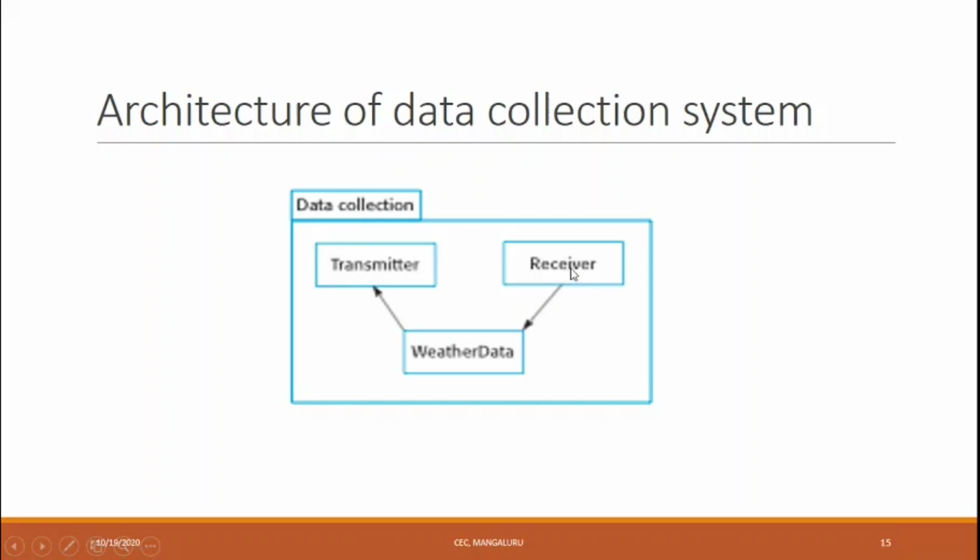The receiver receives the data from the main weather station, and it receives the weather data and transmits it to the main communication link, or sends it to where the data processing or computation of the weather takes place. There they can predict the weather conditions of the places and send the signal to the communication link.